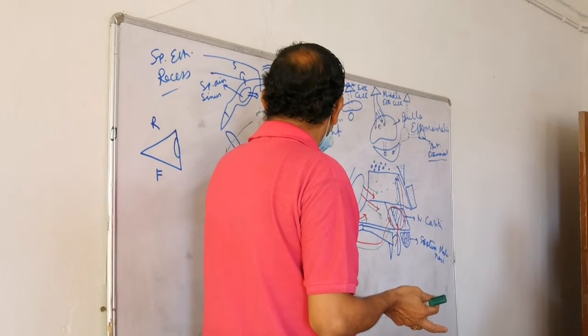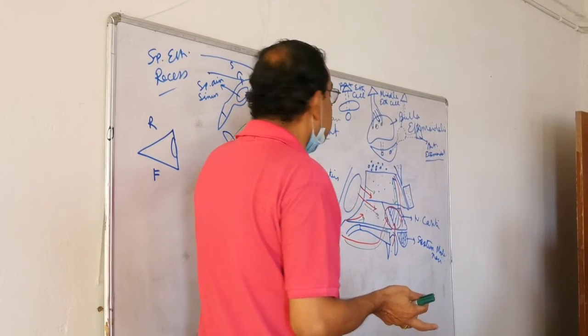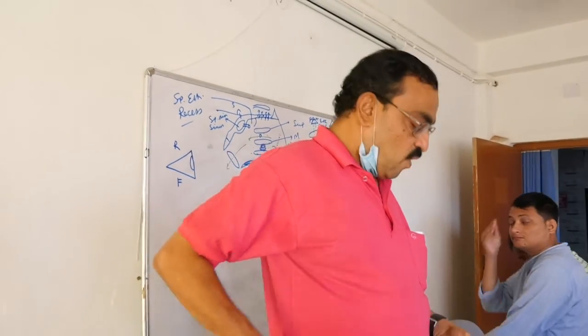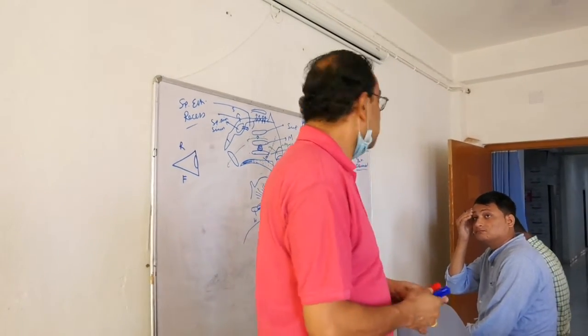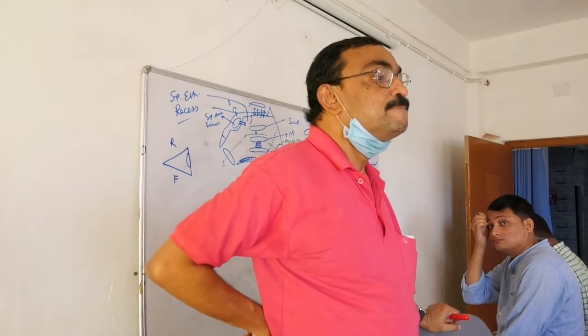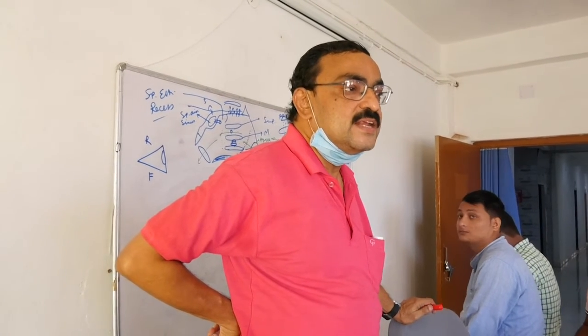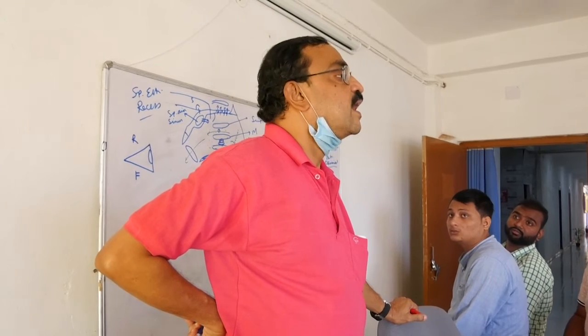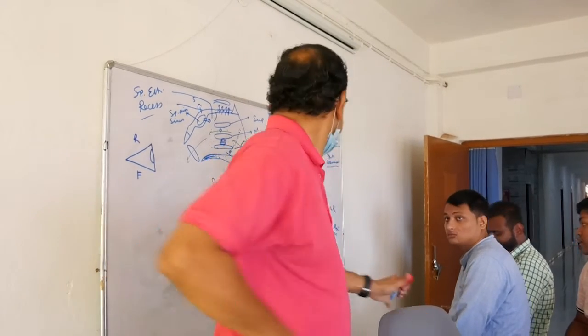Okay. So this area is the respiratory zone. Respiratory zone is always covered by respiratory epithelium. That means ciliated columnar epithelium.